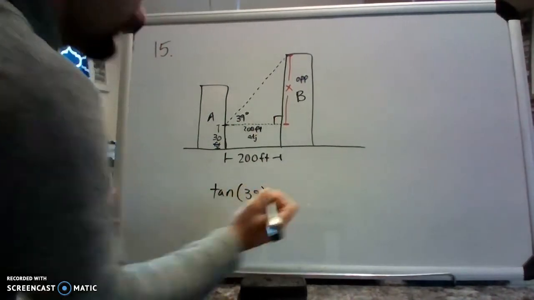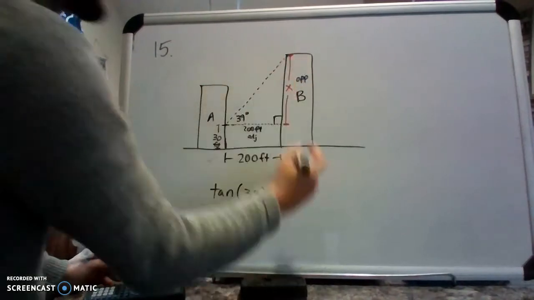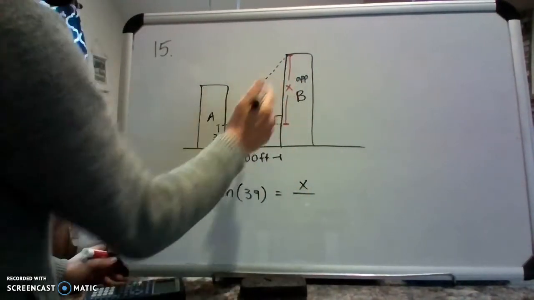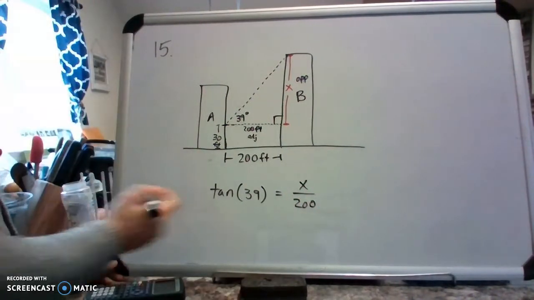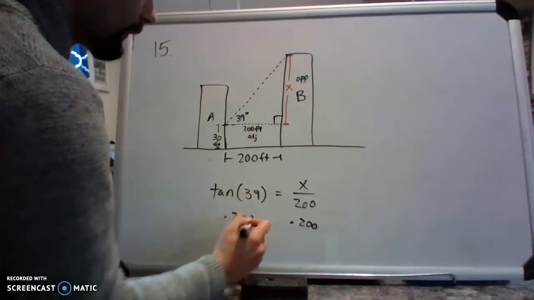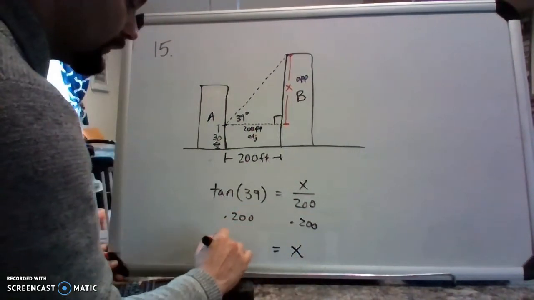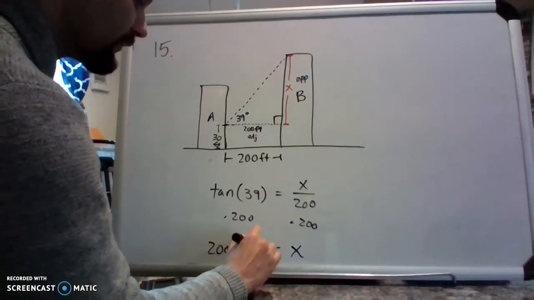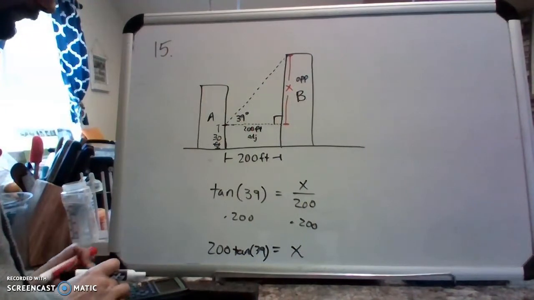Tangent of the angle we're looking at, the tangent of 39 degrees, is equal to the opposite side, which is x, over the 200, which is the distance between the two buildings, multiplied by 200 on both sides. So x is going to be equal to whatever 200 times the tangent of 39 is. Go ahead and get that on your calculator.